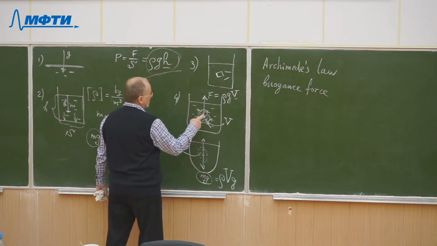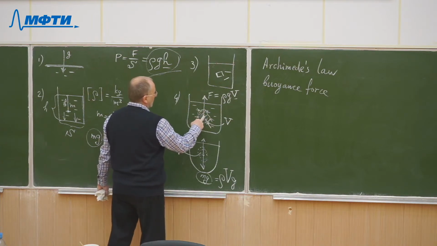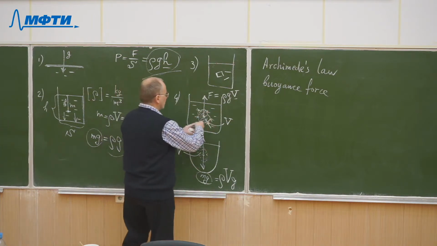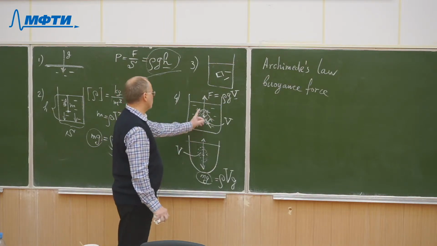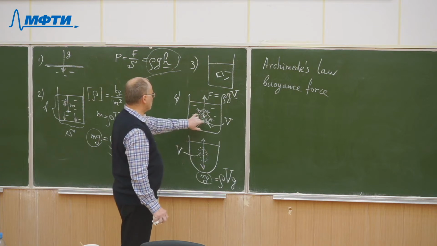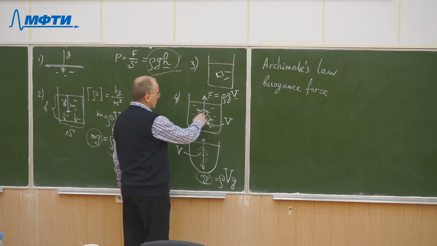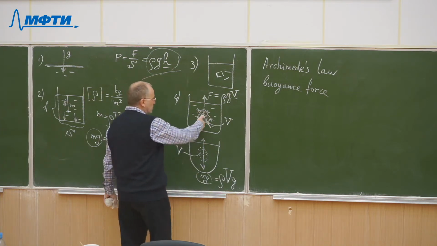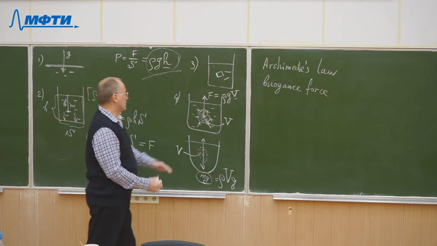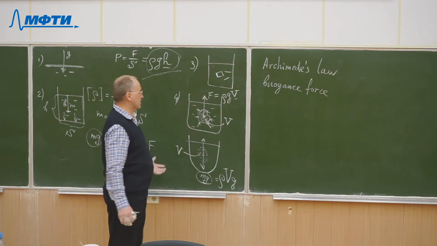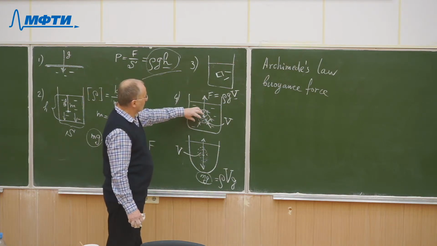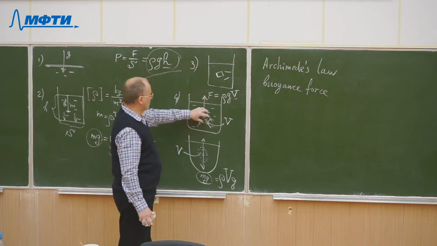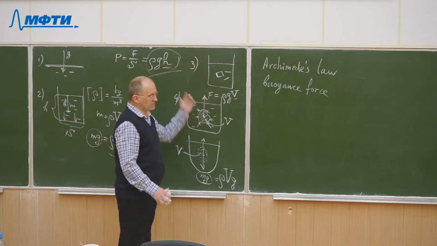So the center of gravity of this solid body may differ from the point of application of all the forces of pressure, or the point of application of the Archimedes force. And therefore, if these points of application of two forces are different, then this body will tend to rotate. It will turn upside down, which sometimes happens if you immerse anything inside the water. The body may turn and float upwards.